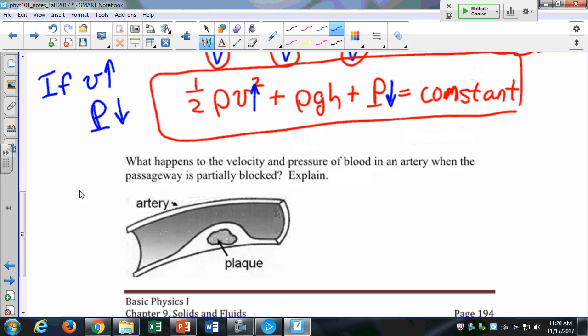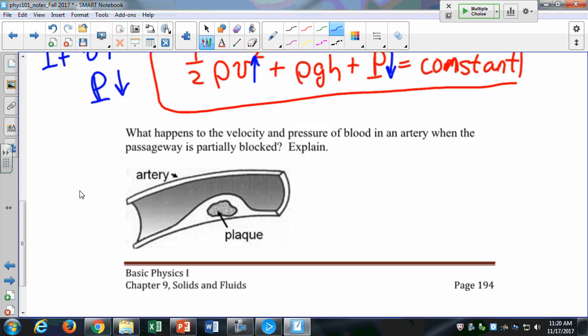So like for example in an artery, if you do the same thing, you put your thumb over part of it, or you fill it with something that's not supposed to be there, what's going to happen to the speed of the blood flow? Now blood isn't exactly an ideal fluid because it's not exactly non-viscous and there's some rotation that goes on, but it's pretty much an ideal fluid. What's going to happen to the speed of the blood when it goes through this constricted artery?